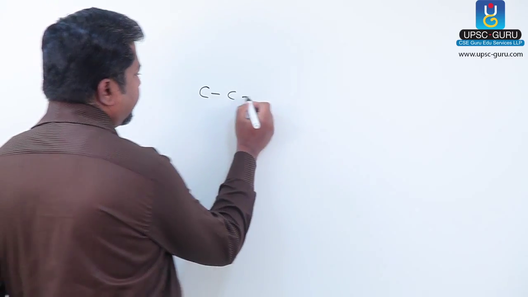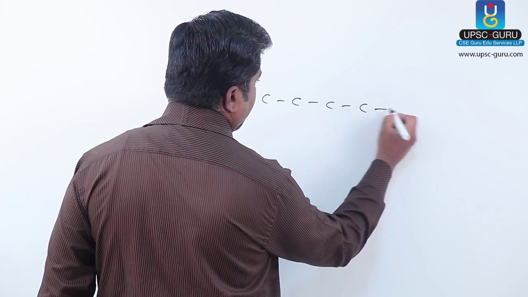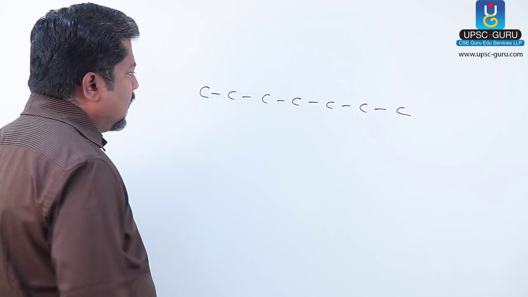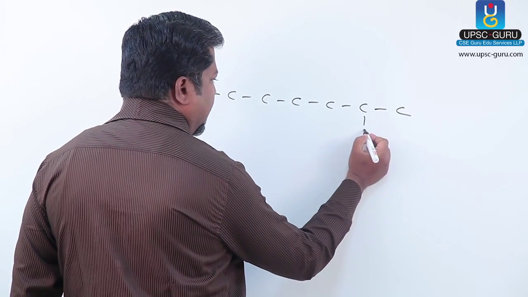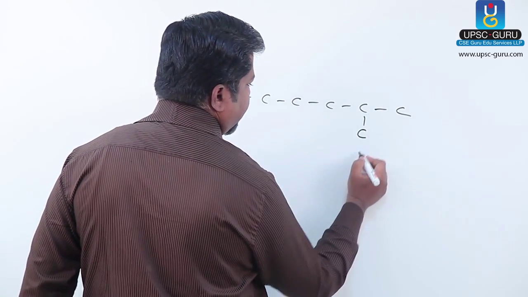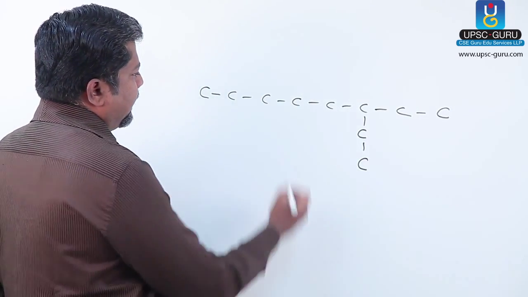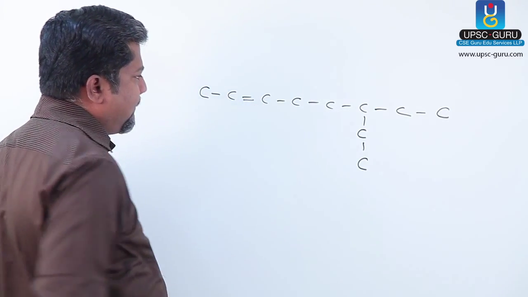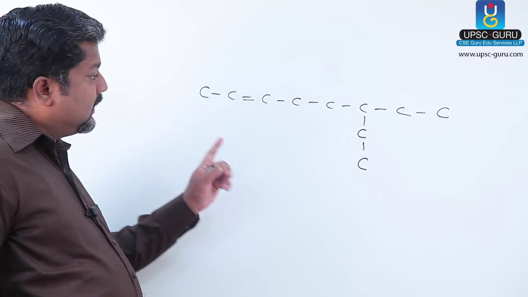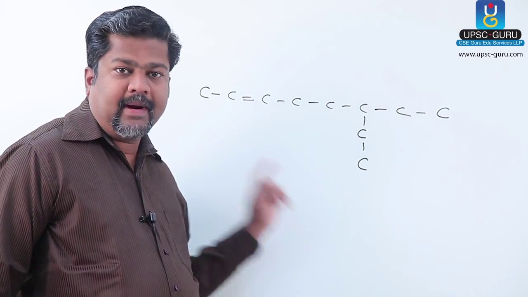Now in case of alkene, all rules are same, but priority should be given to double bond. Let us check out. Now here purposefully I am writing here. Now you have to consider rest of the valencies are satisfied by hydrogen.